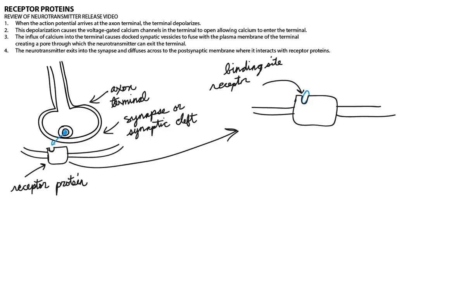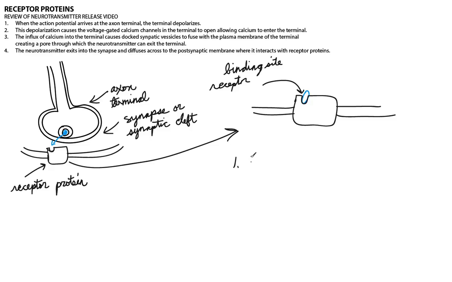Now, depending upon the type of receptor protein, there are actually 2 basic types of receptor proteins. So when the neurotransmitter binds with the receptor protein, it's going to produce slightly different effects depending upon which one of those 2 types that receptor protein is. So let's take a look at the 2 types.